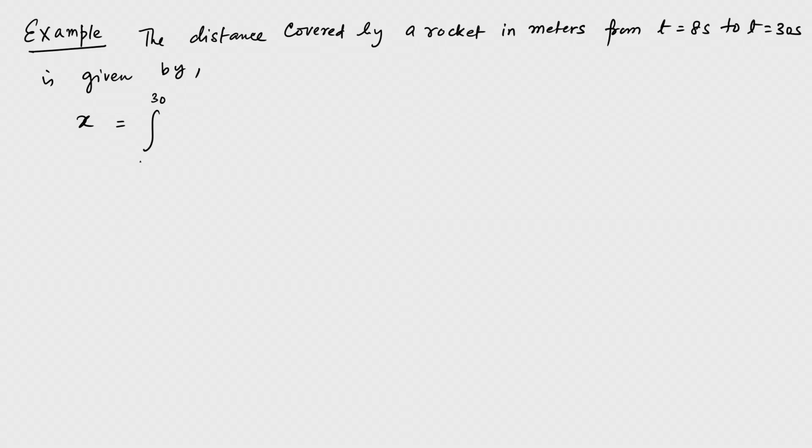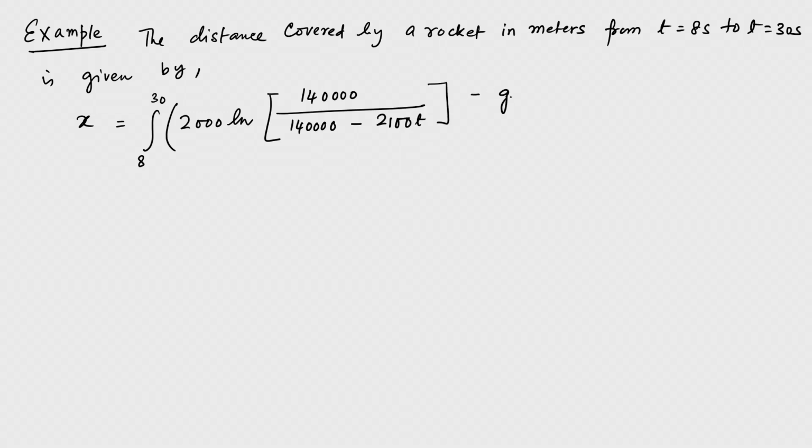So, it is the integral from 8 to 30 of 2000 log of 140,000 divided by (140,000 minus 2100 t), minus g t, where g has a value.